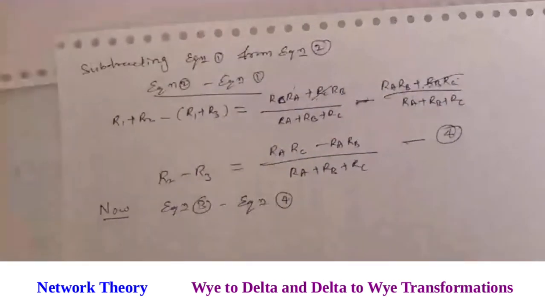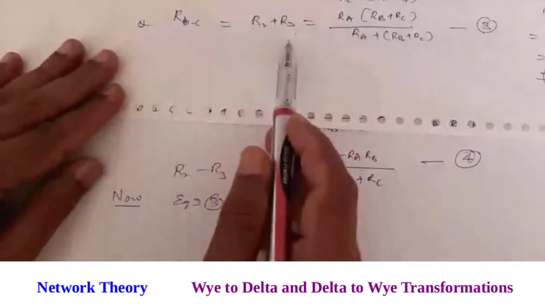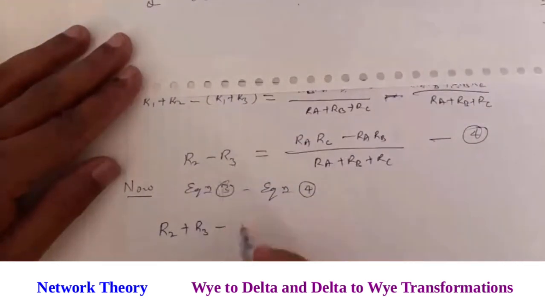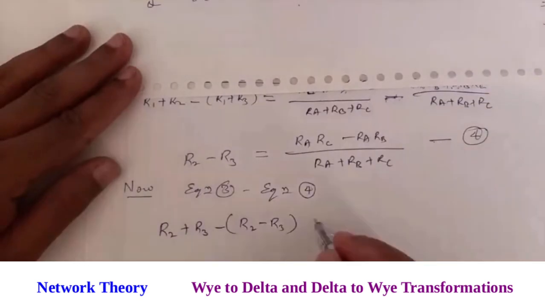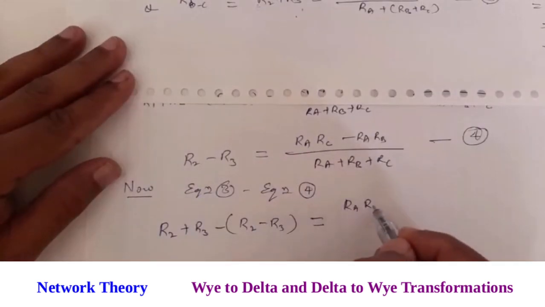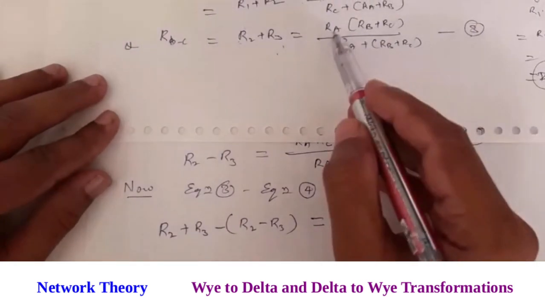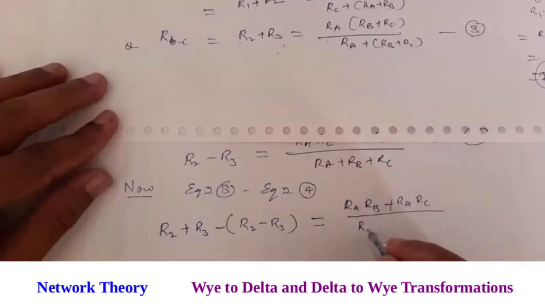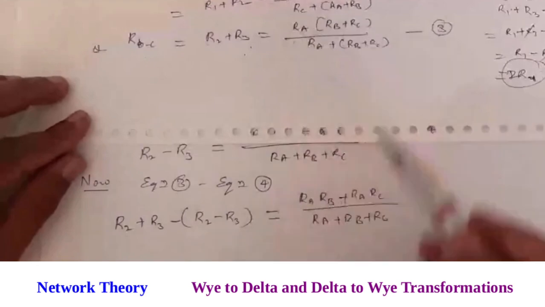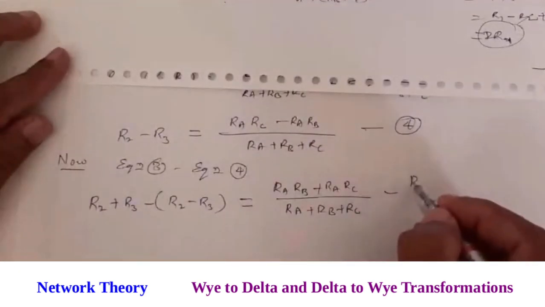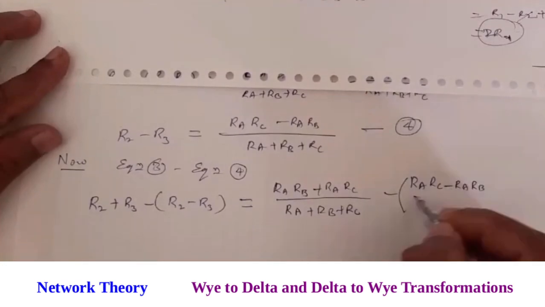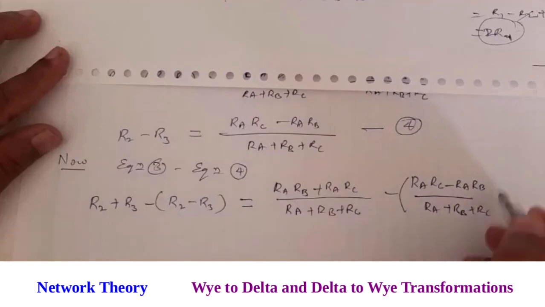Equation 3 is, dear students, R2 plus R3, minus equation 4, which is R2 minus R3, is equal to, now equation 3 here: RA RB plus RA RC divided by RA plus RB plus RC, minus of equation 4, which is RA RC minus RA RB divided by RA plus RB plus RC.